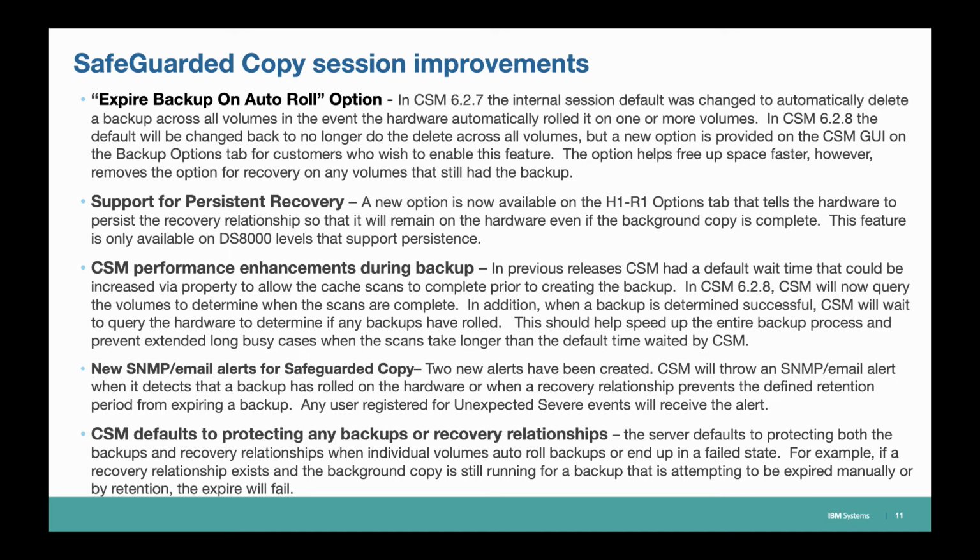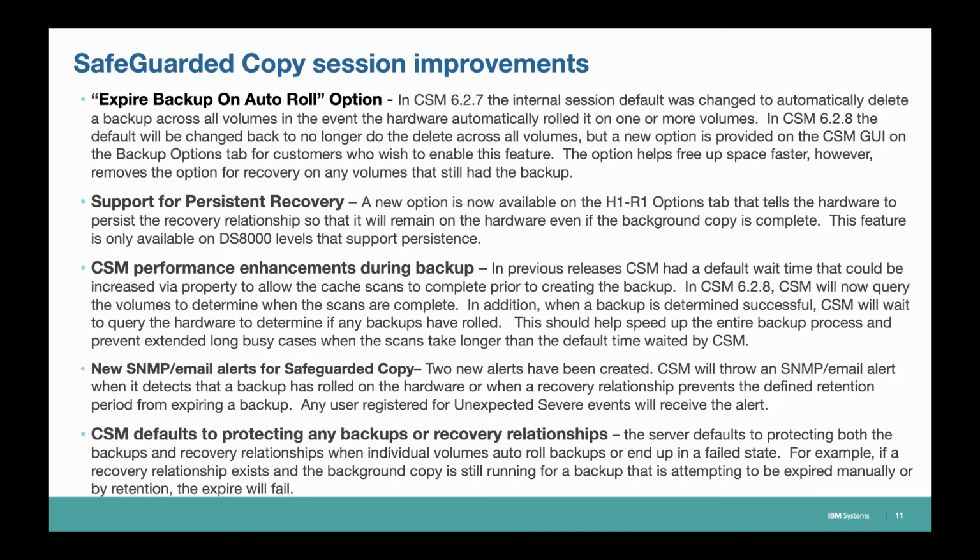All right, the second one is support for persistent recovery. The hardware has added a new ability to, on the recovery relationship for safeguarded copy, mark it persistent. So what this does is even if the background copy has completed for that recovery relationship, the relationship will remain on the hardware. This is on our options tab for H1R1.